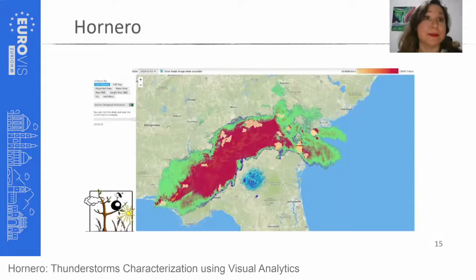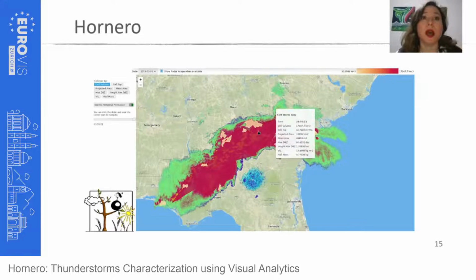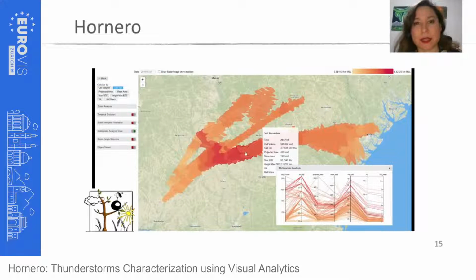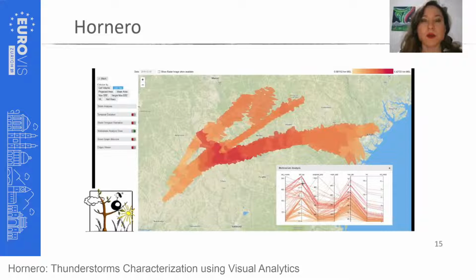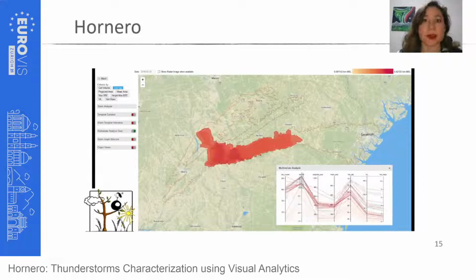That's a key task. For that, we propose Hornero, our visual analytics solution for thunderstorms characterization. Our solution supports experts in these tasks: surveillance, ranking, further analysis, and forecast of severe weather events.